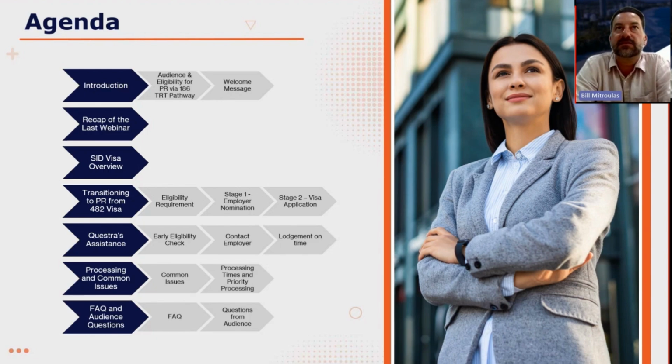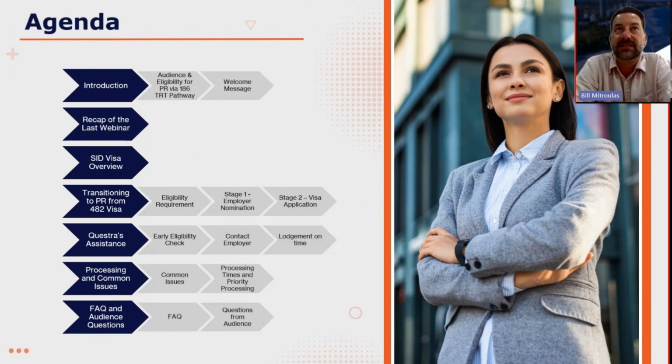Obviously then, once we've had sign-off from your employer as well, we prepare and lodge the nomination on behalf of your employer and the visa on behalf of the visa applicant and, of course, if necessary, your dependents. Then we'll have a look at processing and common issues.